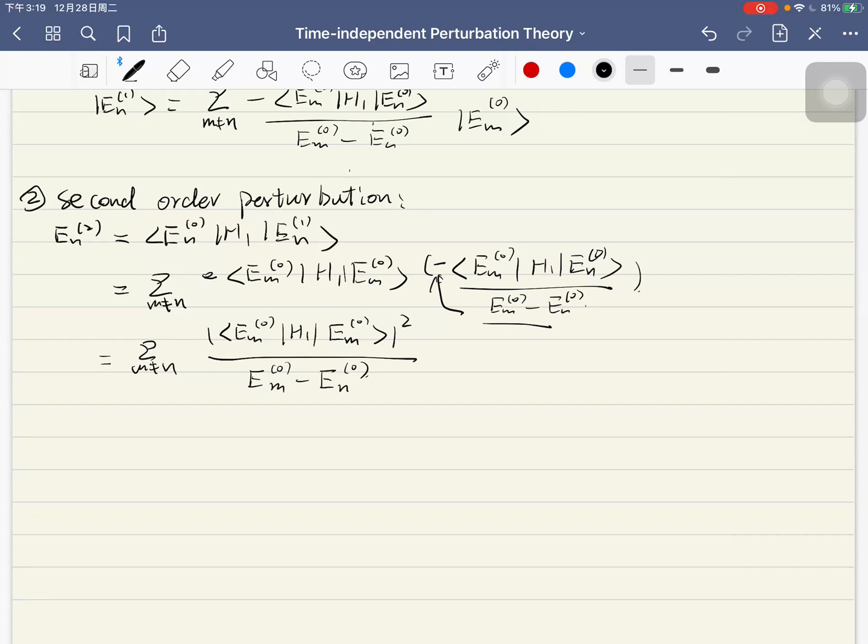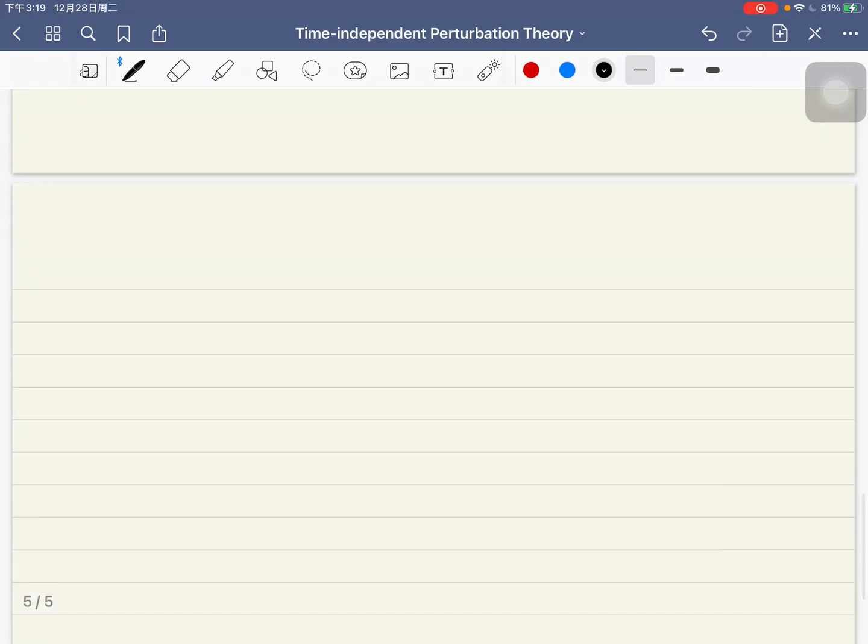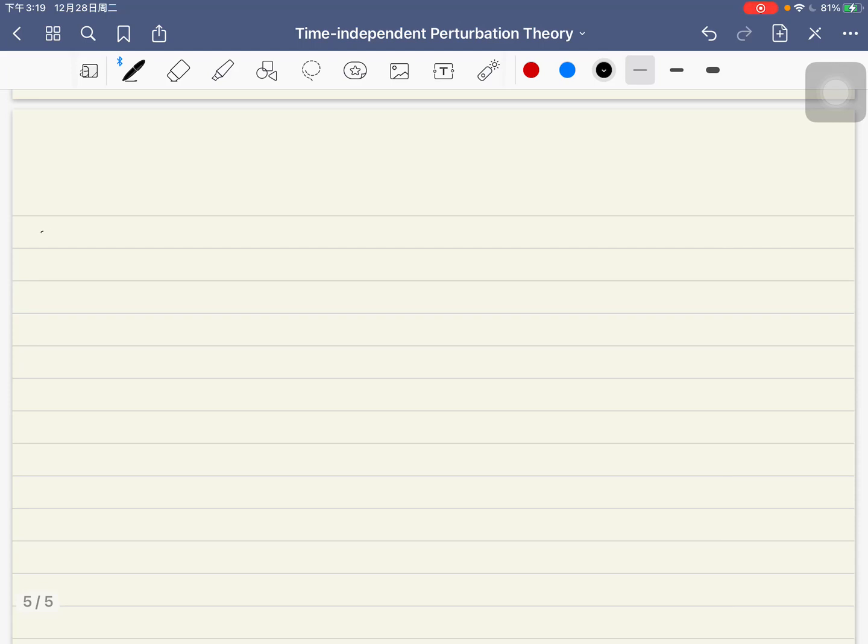And to calculate the state corrections, let's go to the next page. For the state correction, we only need to calculate the inner product of E_m0 with E_n2.